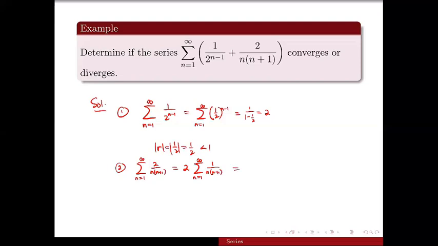But this is just 2 times 1, which is equal to 2. So the equality here uses a previous calculation. Meaning this guy here, we have calculated it to be equal to 1.